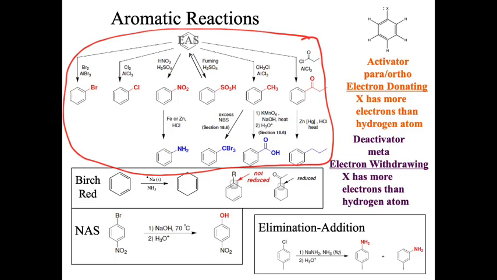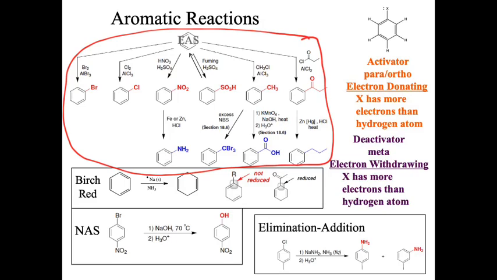The rest of these are what show up in the next chapter. Orange and purple are starting with a slightly different starting material. When we looked at 22, we're starting with benzene, where they're all hydrogens. We move to 23, we have an X on there. It's not just benzene. It's something that's already connected to that benzene.